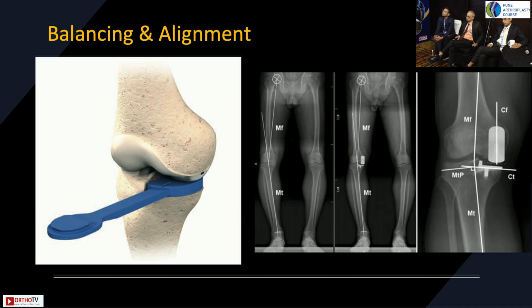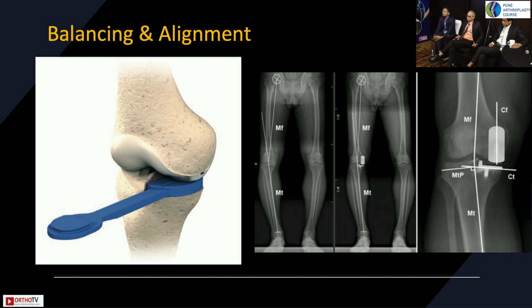But in a uni, if you put a thicker poly on the medial side, you're going to push it into valgus and change the alignment, and that's not good news for patients. That tends to happen when you start off your practice because we are just careful and only thinking about the poly not slipping out. So, excellent point. Coming to alignment, what is your call, Bhupendra?